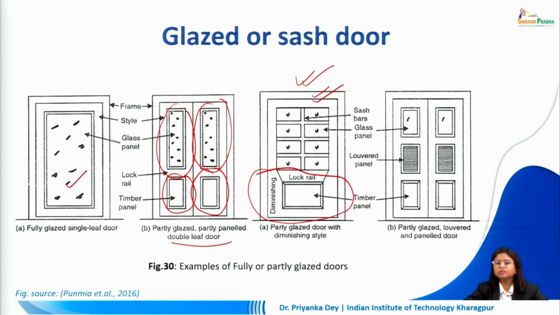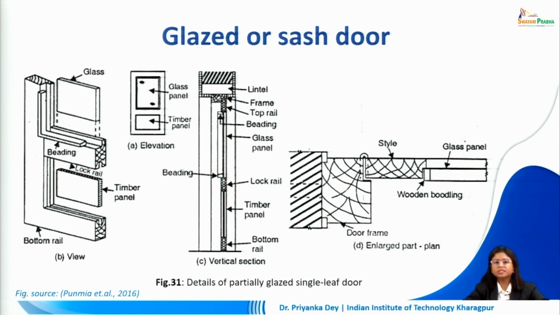We can also mix some amount of glass, some opaque panel, and even add a louvered panel in between so that we can also ensure some amount of ventilation. This is how the glass is fixed into the rebate, and this bead, provided from the outside, helps us fix the glass in position. We can also use putty for this fixing.